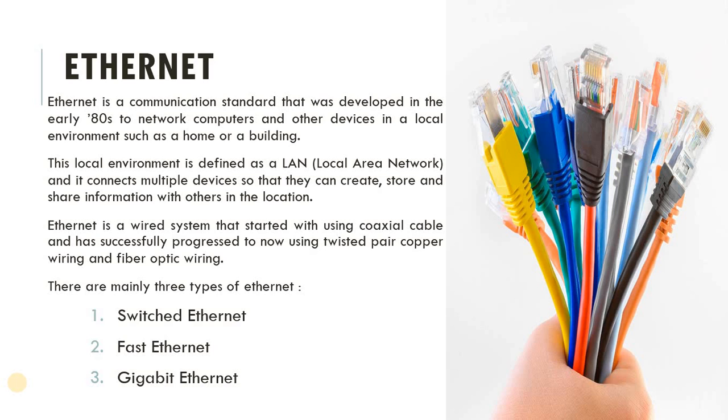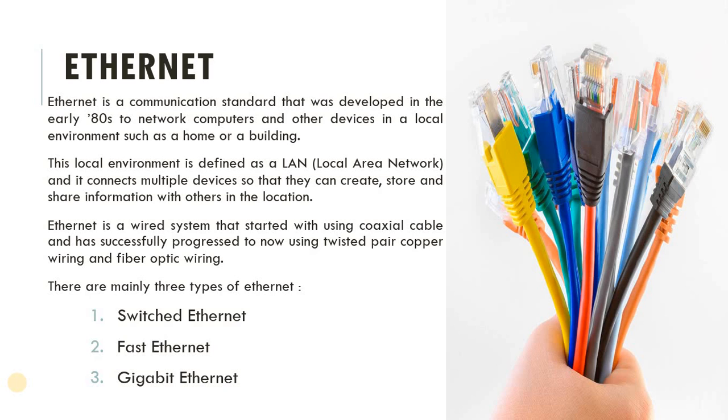In the previous time the first cable used for transmission was the coaxial cable, and nowadays this is used on twisted pair copper wire or fiber optics. Currently mostly fiber optic is used, but in small organizations twisted pair is also used.